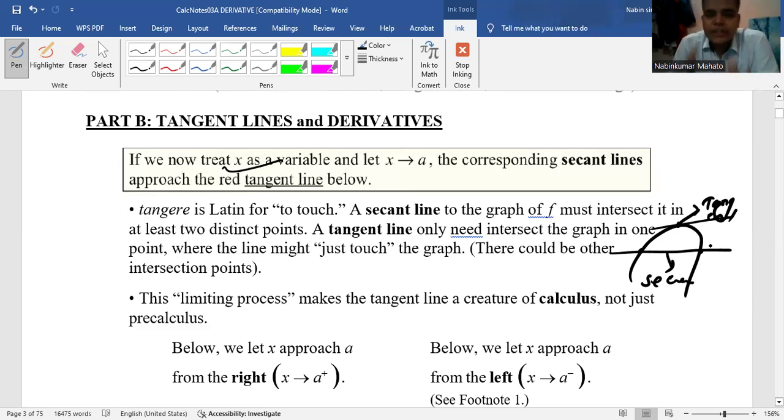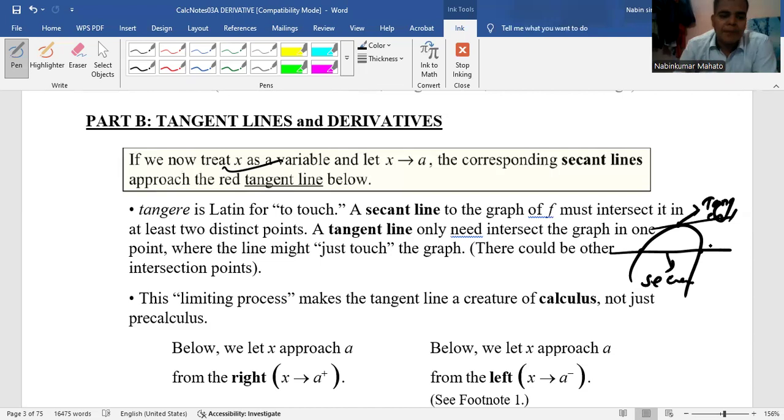Look here, it just touches the graph, there could be other intersection points. This limiting process makes the tangent line a creature of calculus, not just precalculus.